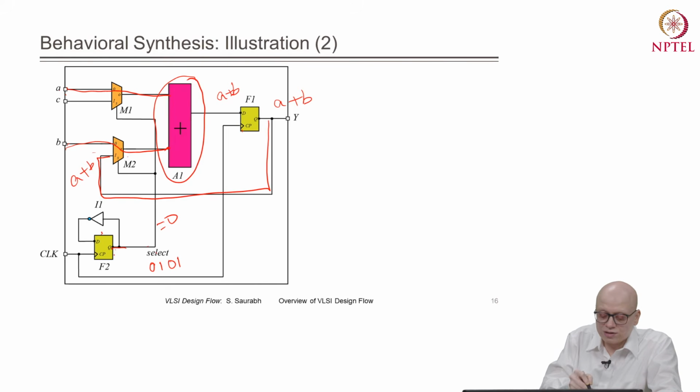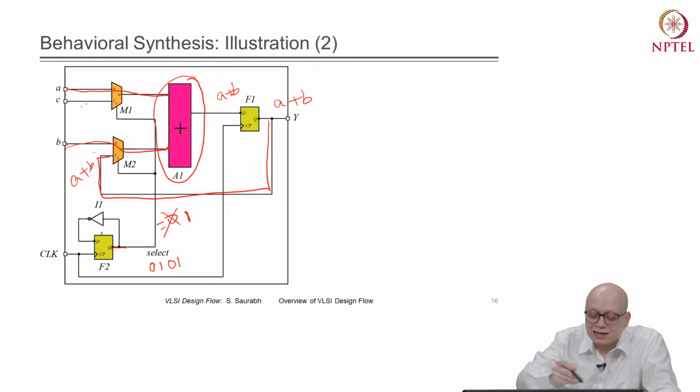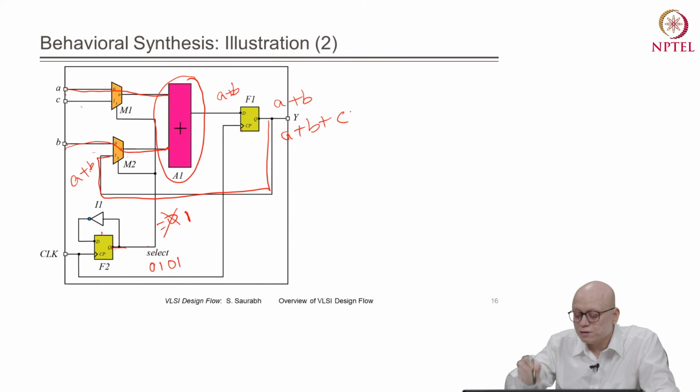So in the next clock cycle, this select signal will take a value of 1, right? So when 1 is taken, the multiplexers' 1 lines are selected, and in that case, what operation is performed by the adder? It is A plus B plus C, right? So in the next clock cycle, we'll have A plus B plus C.